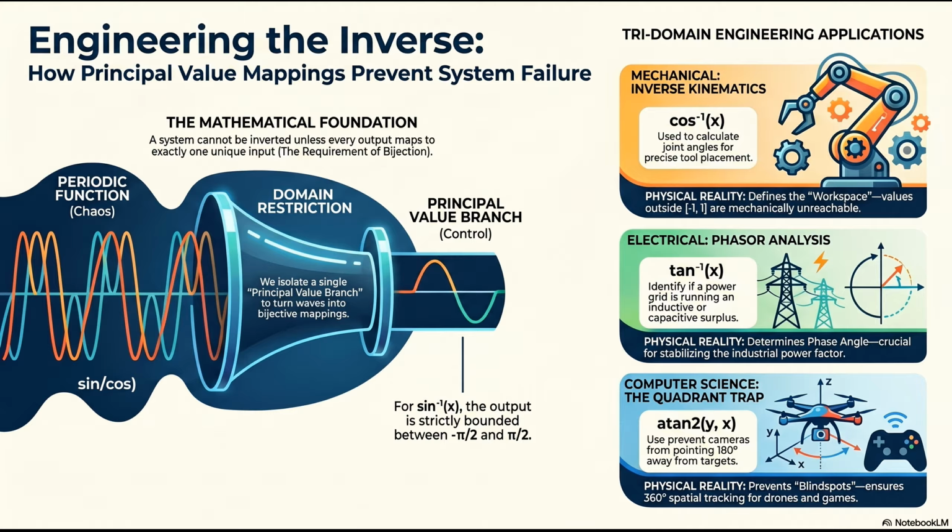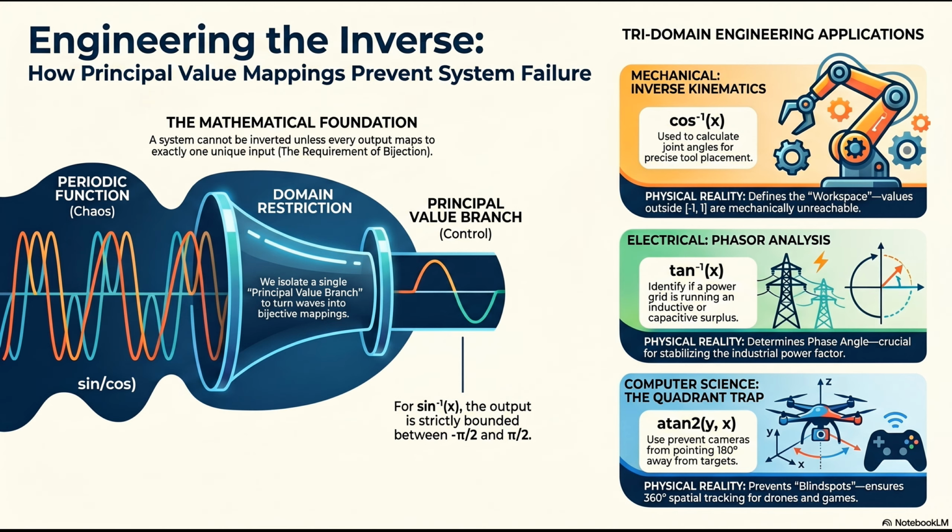Right. And before we can understand why those massive engineering systems fail, we have to look at the foundational math. Specifically, we need to understand why the gears of that flawless mathematical machine grind to a halt when you try to run it in reverse. Run it backward, yeah. Exactly. So the source material outlines a fundamental architectural rule for functions.